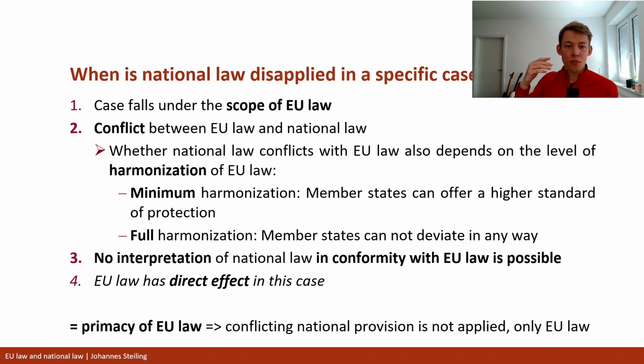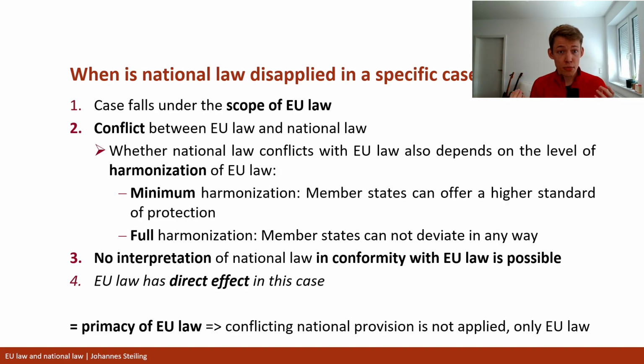I just want to make one thing clear. When we talk about EU law, this might be political, but we often talk about the EU as this organization that gives us regulations that say a certain thing and that go against national interest. But when we talk about conflict of EU law and national law, we always have to remember that the EU acts only within the competences conferred to the Union by the member states.